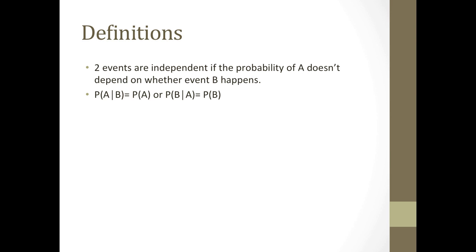Versus if you were doing 2 scoops of ice cream and when the first scoop was strawberry, you didn't care, it was okay if the second scoop was also strawberry, then that would mean that the probability of that second scoop being strawberry didn't change based off of the first scoop being strawberry.